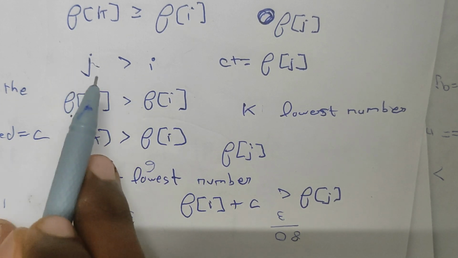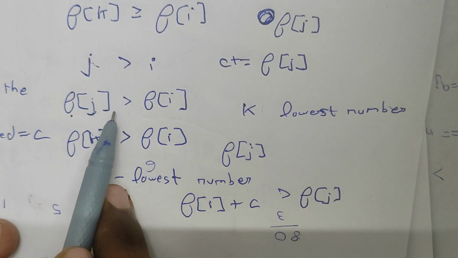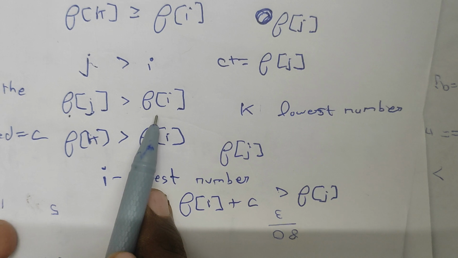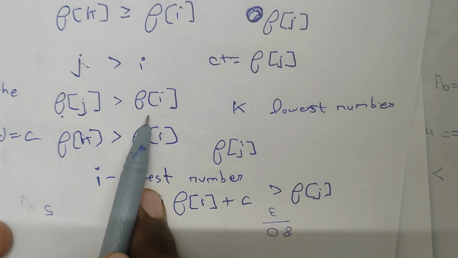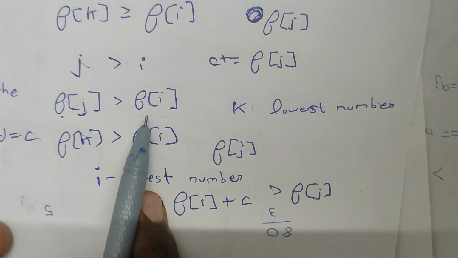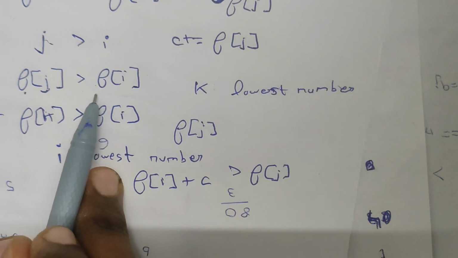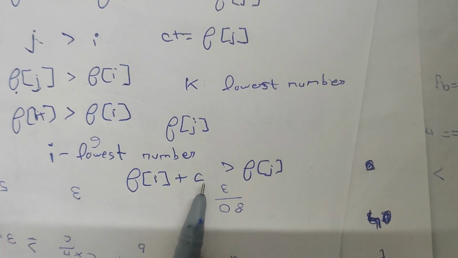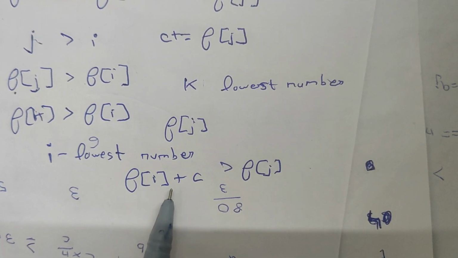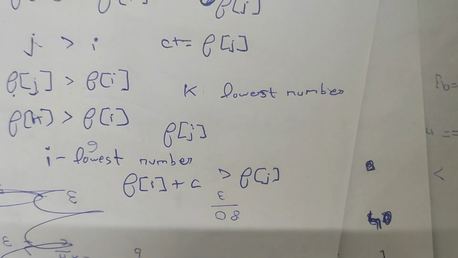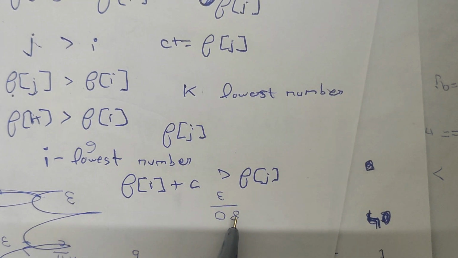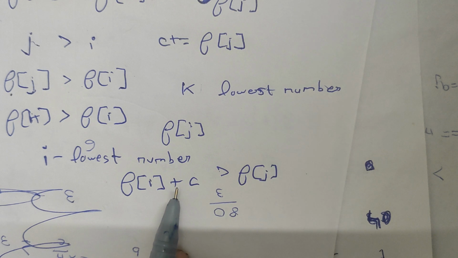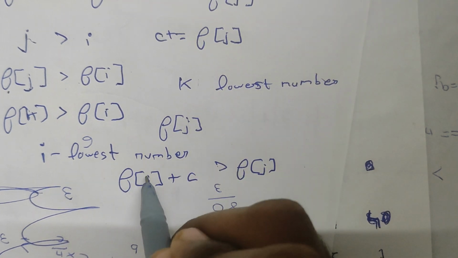Because there was some j such that f of j was greater than f of i, so we had to exclude all the candidates below i. Now all the fans of the candidates that we excluded below i got added to f of i right now.